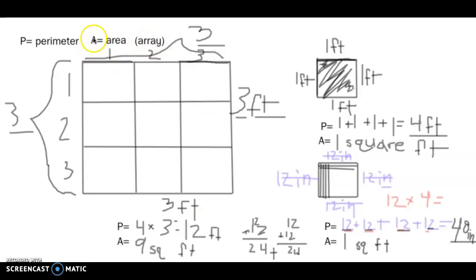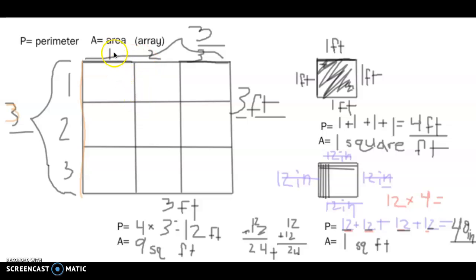Now, if you look up here, A for area, I have next to it in parentheses, array. Why would I have array? Well, you can think of area like array, and they both start with A, so this is a good way to remember it. If this side is 3, we have 3 rows. 1, 2, 3.